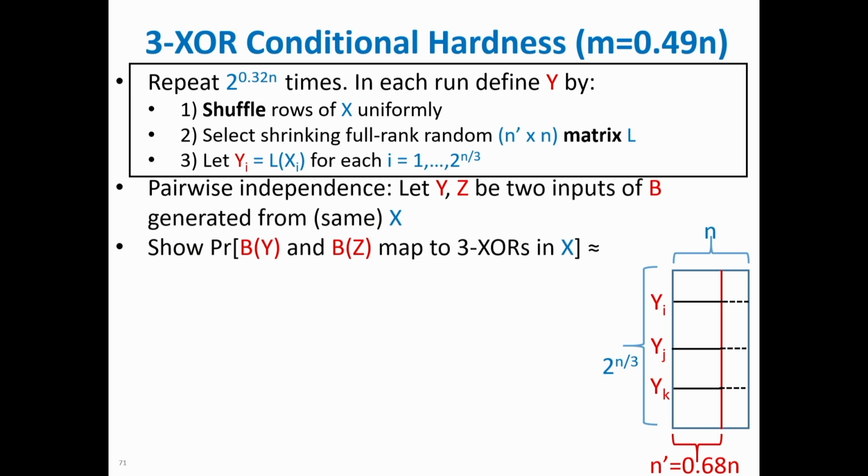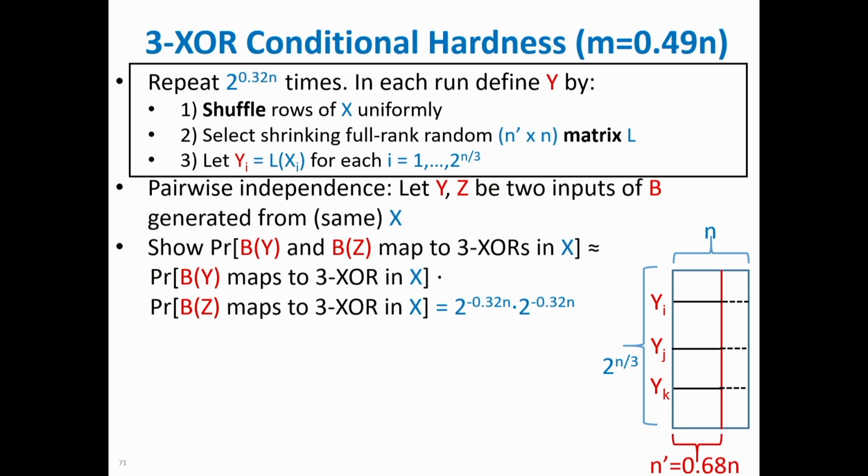The probability that this algorithm B applied to matrix Y and the probability of B applied to another matrix Z, both generated from X, the probability that both map to a 3 XORs in this large sparse instance X, is basically the product of the probabilities, right? The probability of this times the probability of this, which is equal to this. This is what we need to prove.